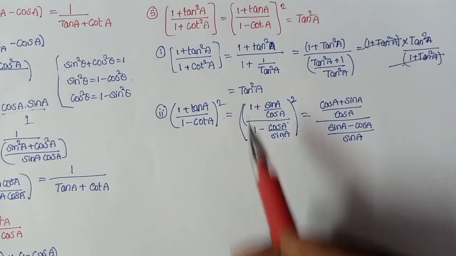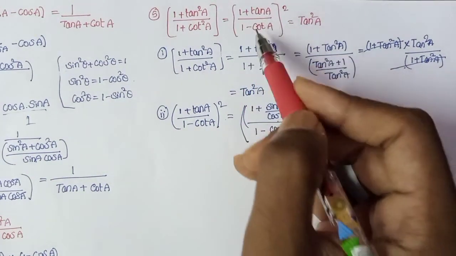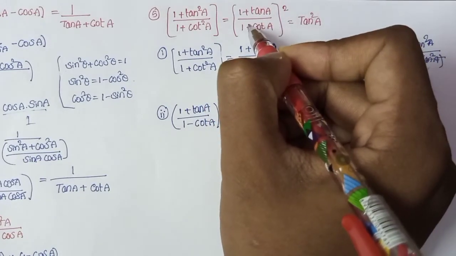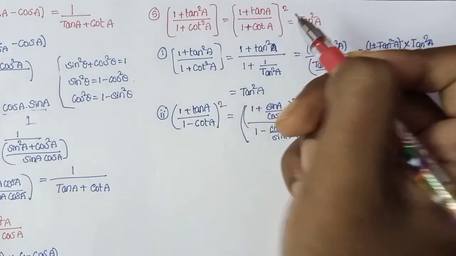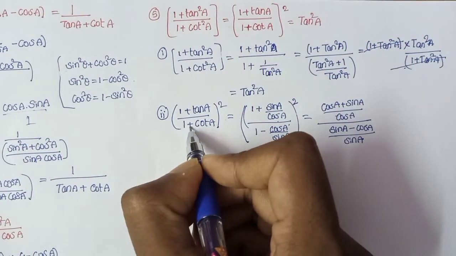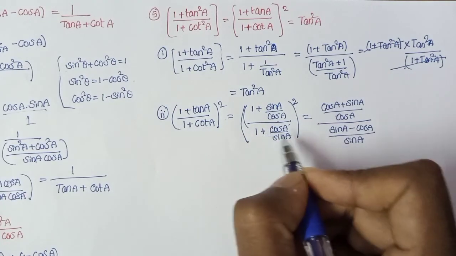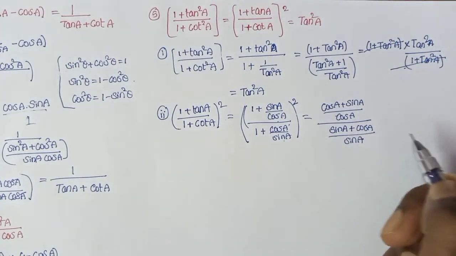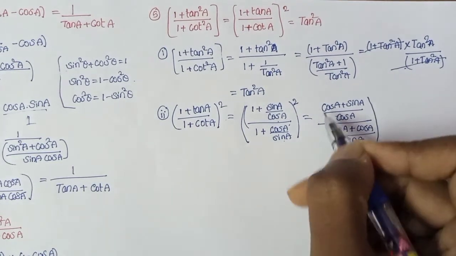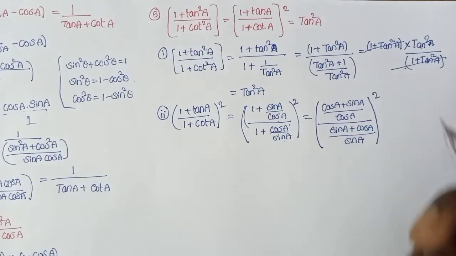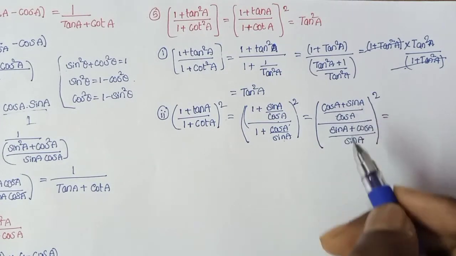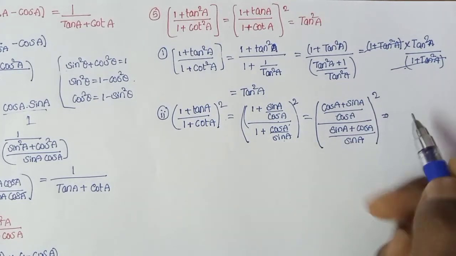Sorry, I wrote this question wrongly. Here note it, here not 1 minus cot A, here 1 plus cot A. So 1 plus cot A. That means what? Here 1 plus cot A, here also 1 plus cos A by sin A, here also sin A plus cos A. So whole square. Okay. If you observe here numerator and here numerator, we'll write one more step here.